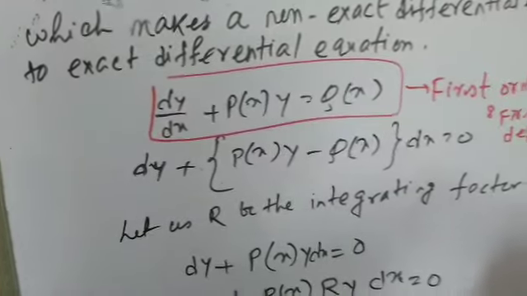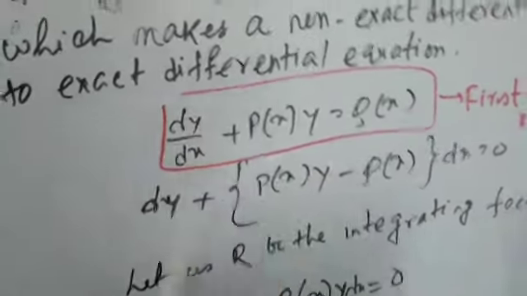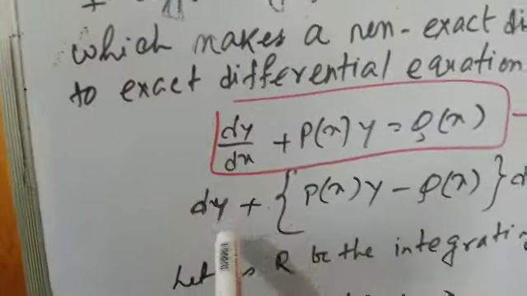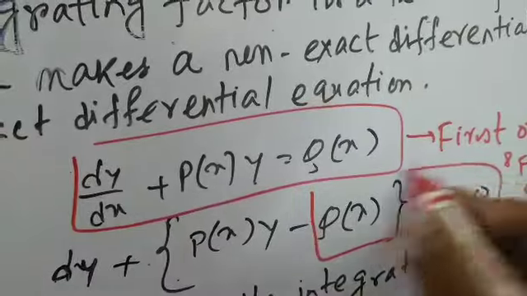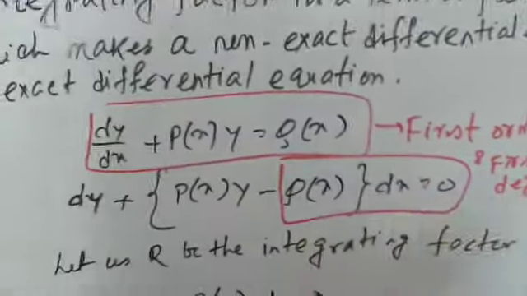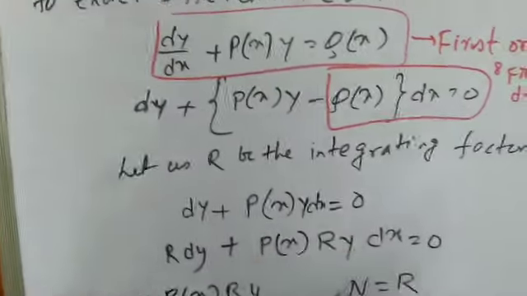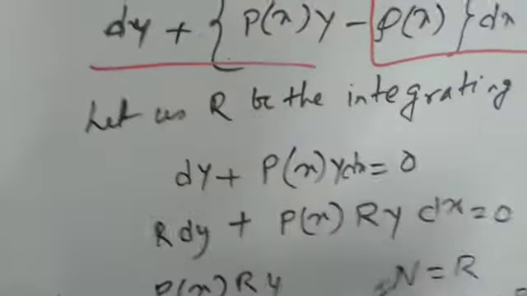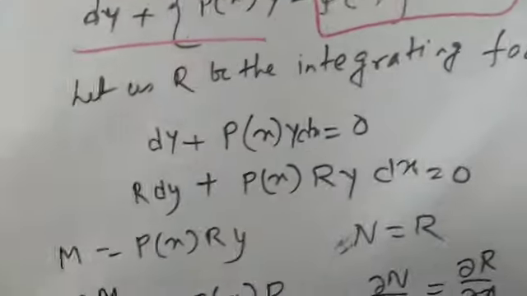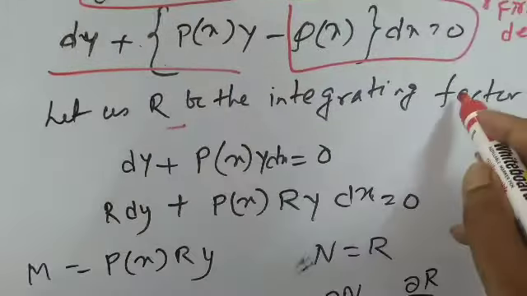Before going to find the integrating factor, just follow this line: in the expression dy + P(x)y dx - Q(x) dx, the Q(x) dx part we can easily integrate, or we can solve it by separation of variables. So for finding the integrating factor, we just take this part, that is dy + P(x)y dx = 0, and we choose r as the integrating factor of this equation.